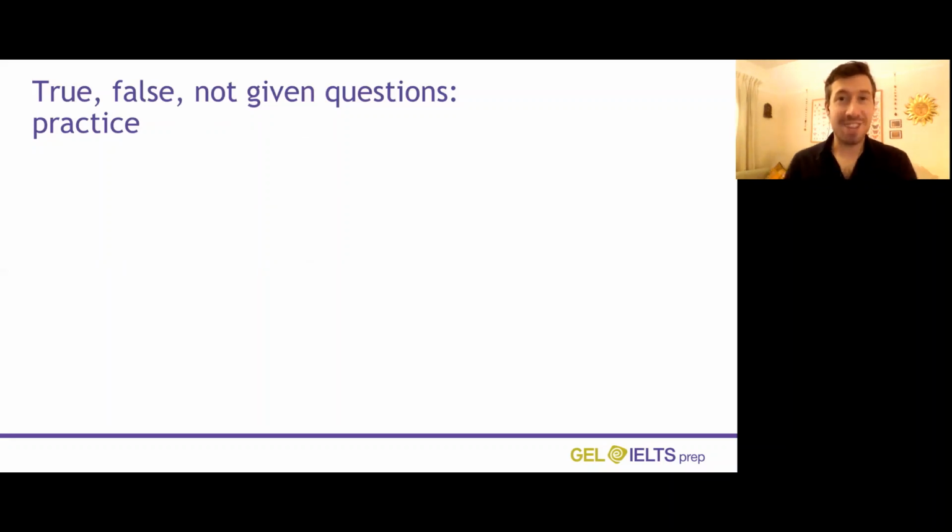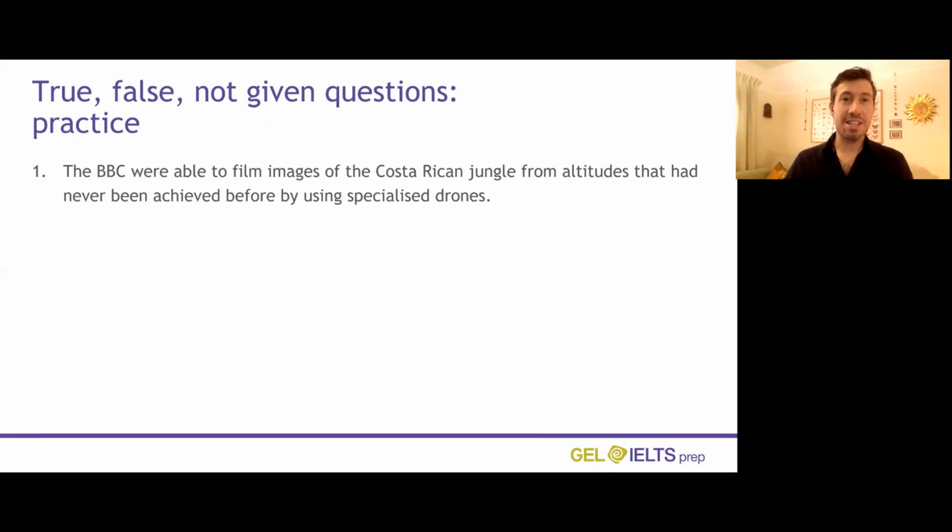So let's have a little bit of practice then. Well, here is a new true, false, not given sentence. And the first step we need to do is to highlight the keywords. So we've got here the BBC were able to film images of the Costa Rican jungle from altitudes that had never been achieved before by using specialized drones.